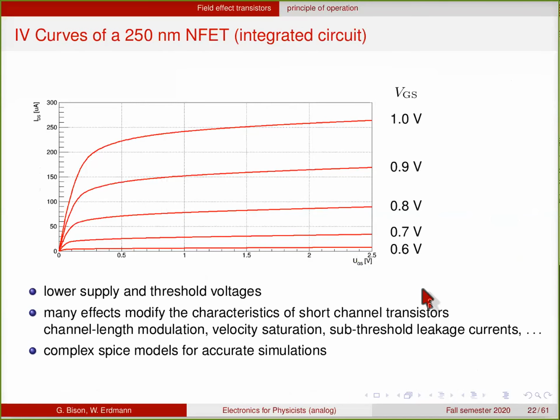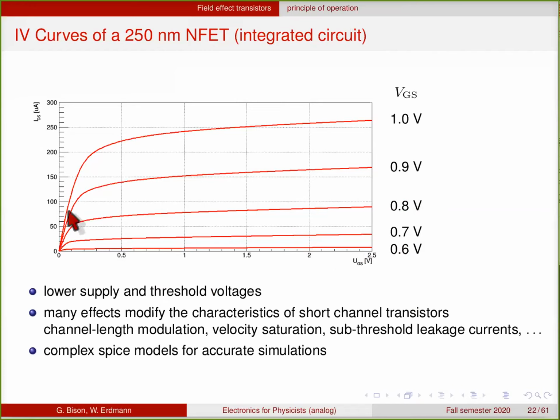On the other hand, if you look at a small transistor from an integrated circuit, so here's a 250 nanometer channel length NFET, you have much lower supply and threshold voltages. So this is typically a 2 volt supply voltage, and threshold voltages of the order of 0.6 volts.